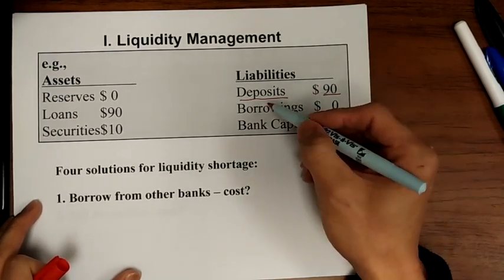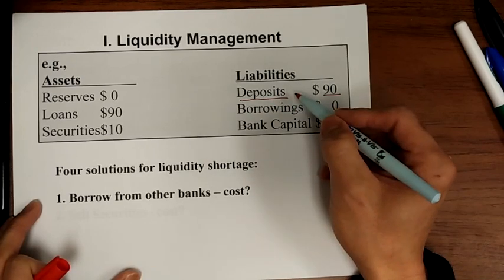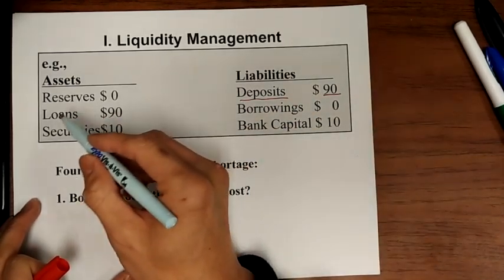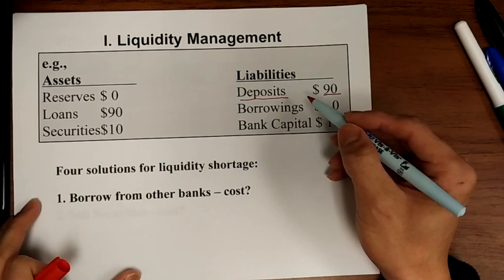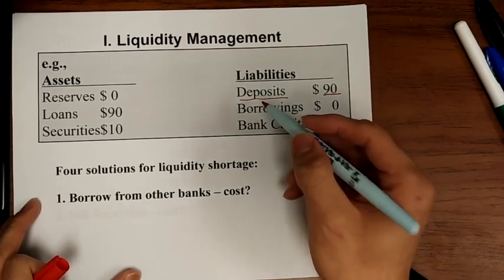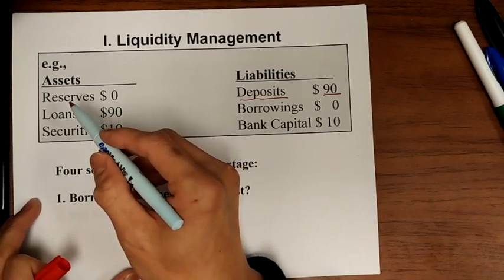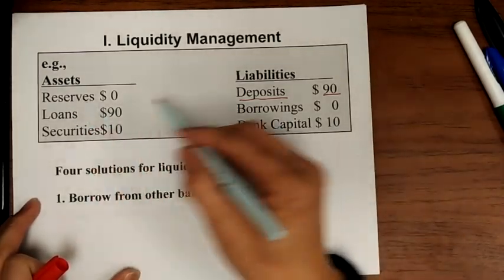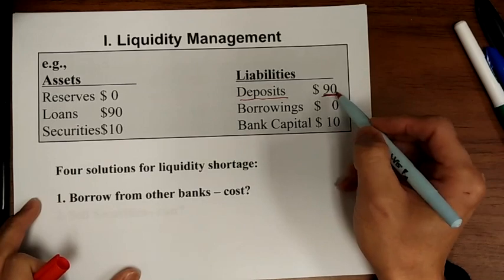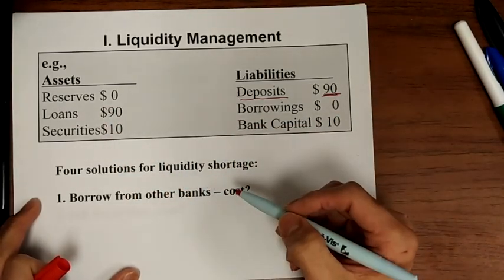And when you come to the bank to withdraw your money from your checking account, the bank has to have cash to give it to you. Therefore, they will have to keep some cash in their safe. But do they have to keep all $90 of deposit in their safe?